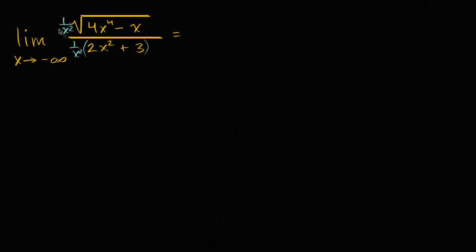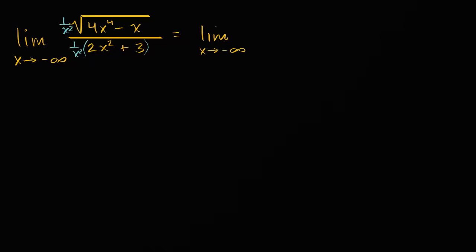And if we do that, this is going to be the same thing as the limit as x approaches negative infinity of, so let me just do a little bit of an aside here.